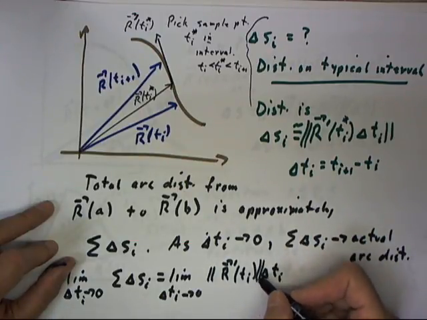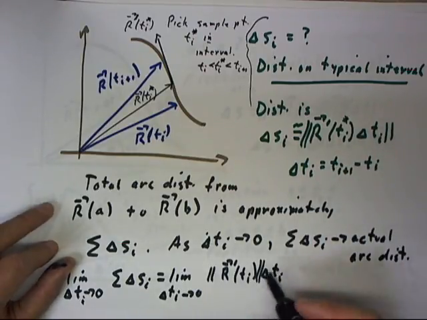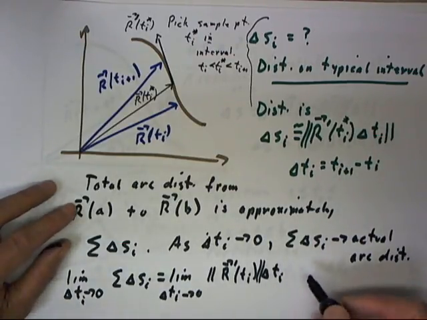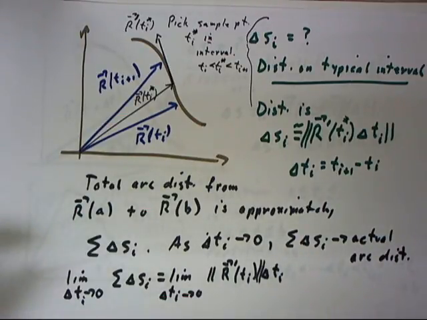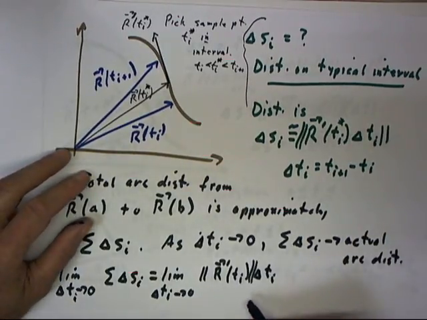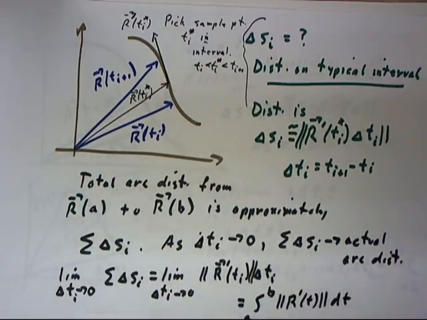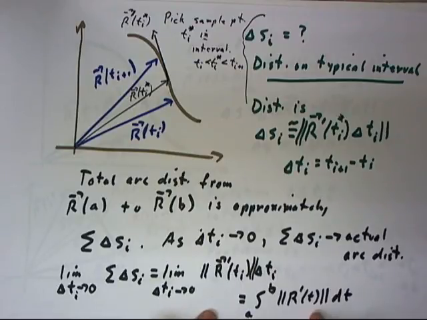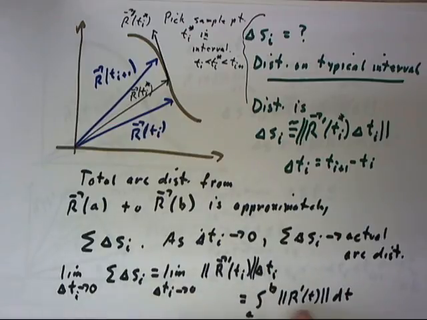I'm going to put my absolute value signs here, and probably should have earlier. Delta t sub i is assumed to be positive, so it doesn't really make any difference. But if I write it this way, what is that limit? Well, if you go back to the definition of an integral, that is just the integral from a to b of the magnitude of r prime of t dt.